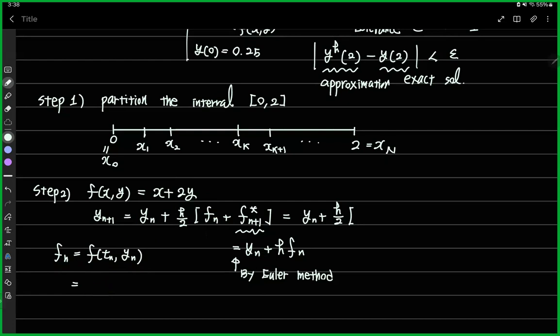Oh, here we use x instead of t, sorry. So we get x sub n plus 2y sub n, right? So this is equal to x sub n plus 2y sub n, and then plus y sub n. Do you follow me?